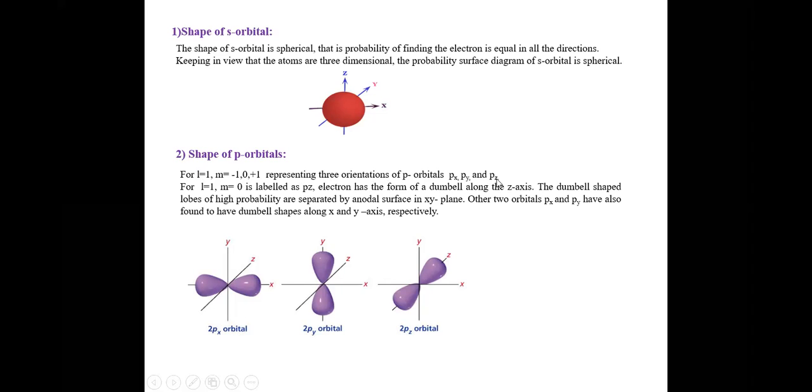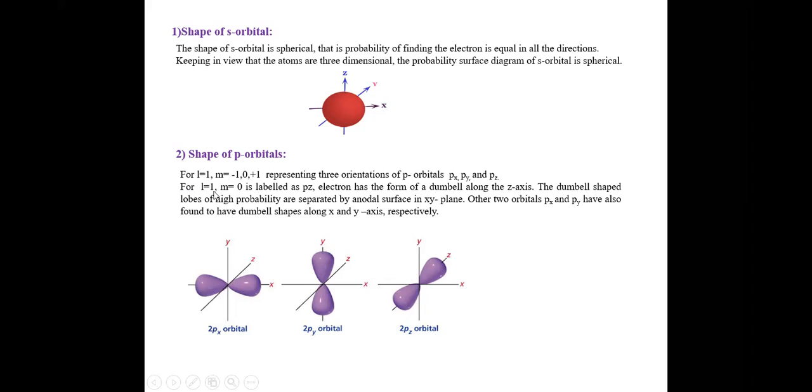That is, when l is equal to 1, m is equal to minus 1, 0, 1, it represents that the p orbital contains three orientations. You have to keep it in mind.